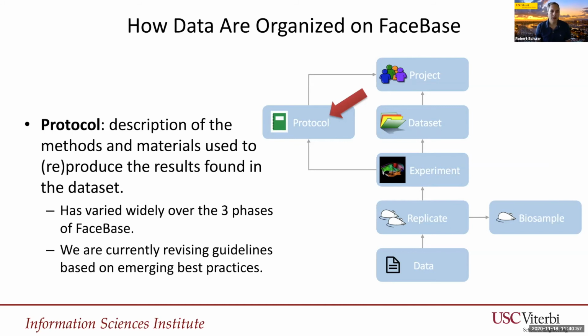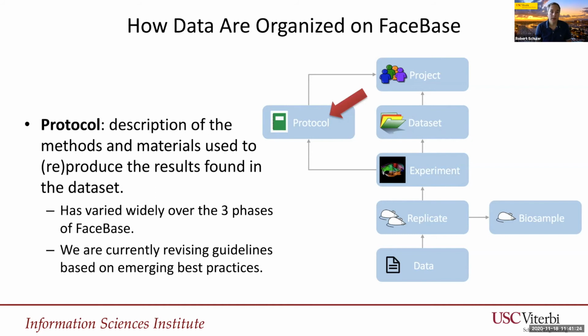In this current iteration, we are working to provide more rigorous guidelines. We are looking at things like the Nature Protocol Exchange. They have a nice site up that says what you should put in protocols, and they even have a place where you can deposit them if you want to format it according to the Nature publication guidelines.